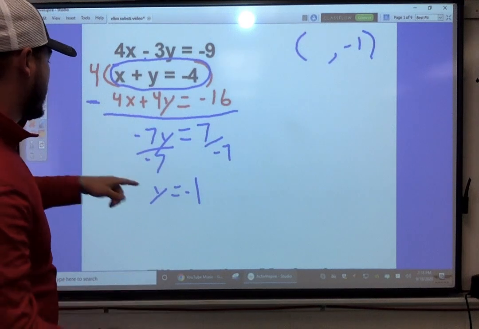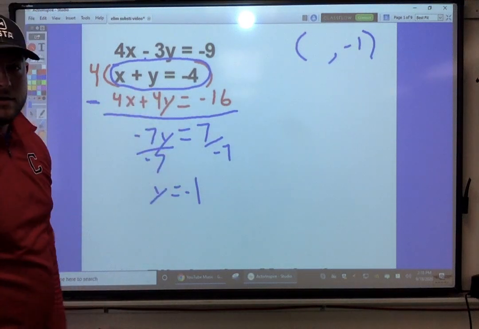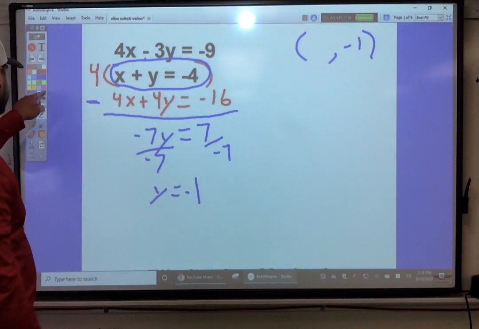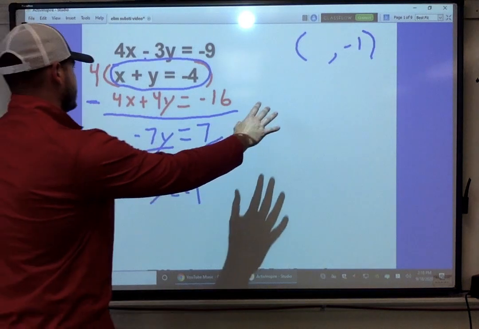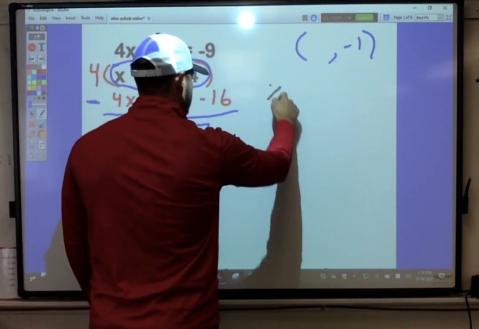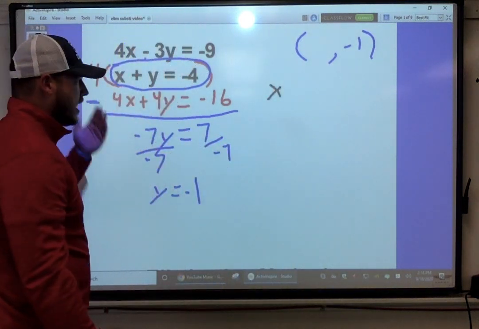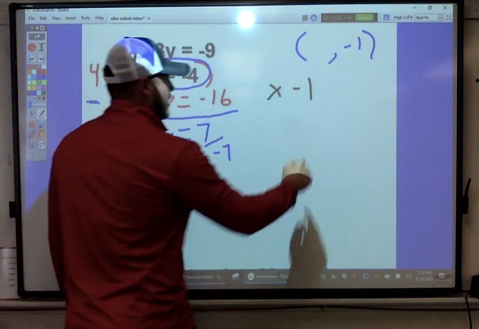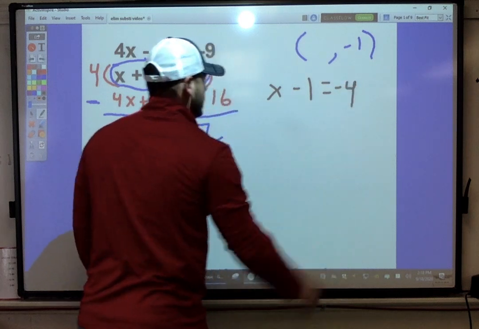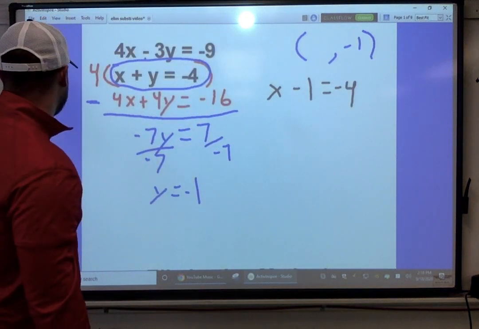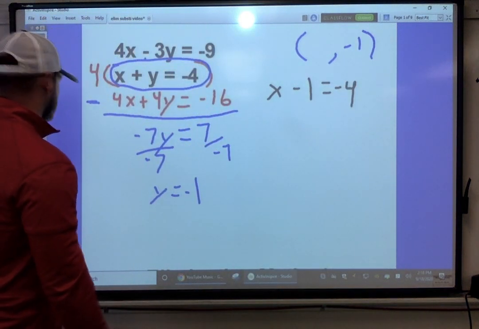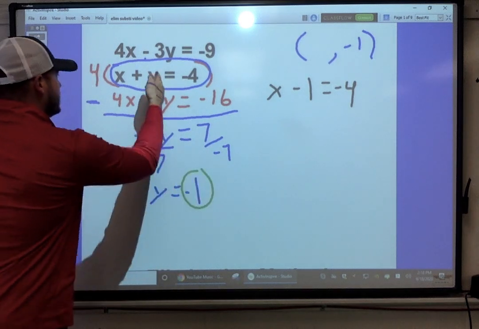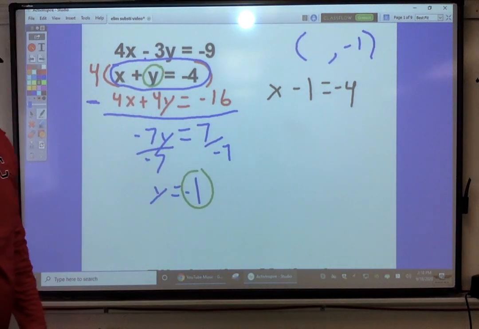So I'm going to rewrite it, and I'm going to substitute a negative 1 in for y. Right, so I'm going to rewrite it over here. I'm still going to write x. Instead of writing plus y, I'm just going to write my negative 1. And that's equal to negative 4. So again, I substituted, or I plugged in this negative 1 in for that y.